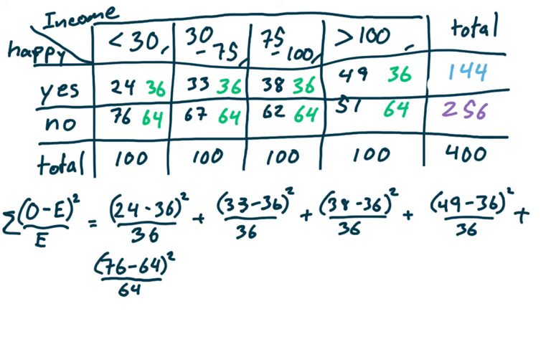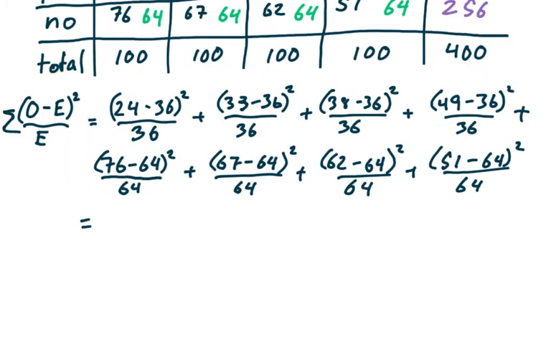So I've written the whole top row, now continuing down to the second row, we had 76 minus 64 whole thing squared divided by 64, now is the expected value. Next cell is 67 for the observed value, minus 64 for the expected value, all squared, and then divided by 64. And at the end of the day, we add all of those up.